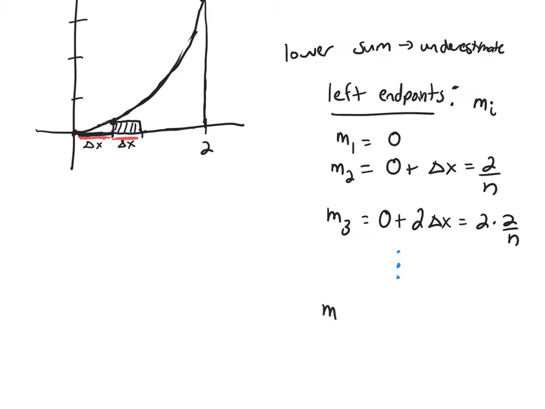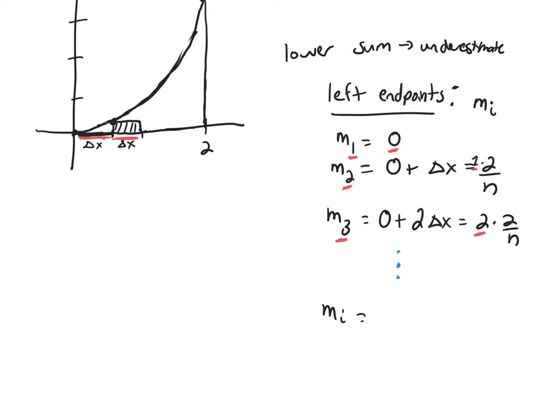What would m sub i be? You've got to notice this pattern. When it's 3 here, this coefficient is 2. When it's 2, there's secretly a coefficient of 1 right there. When it was 1, the coefficient was 0.